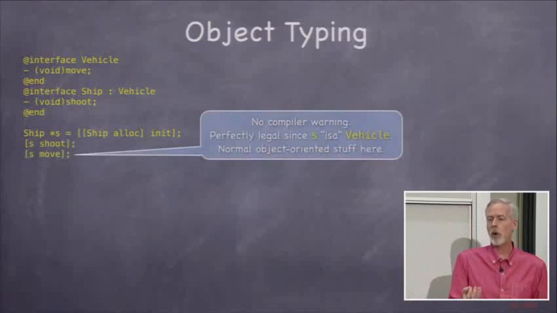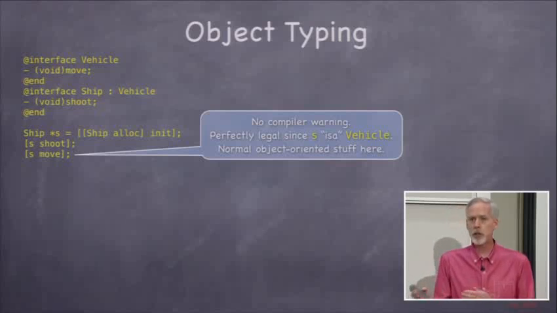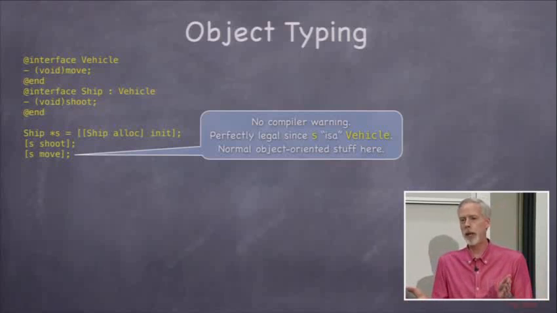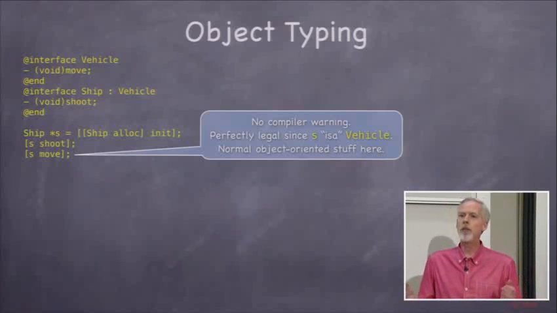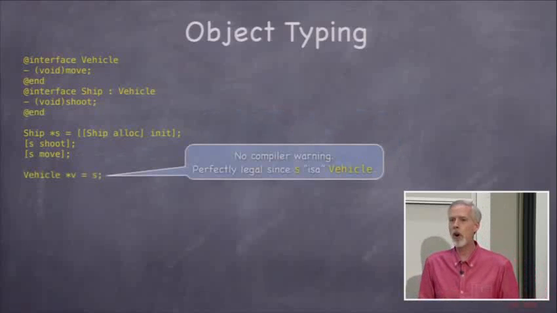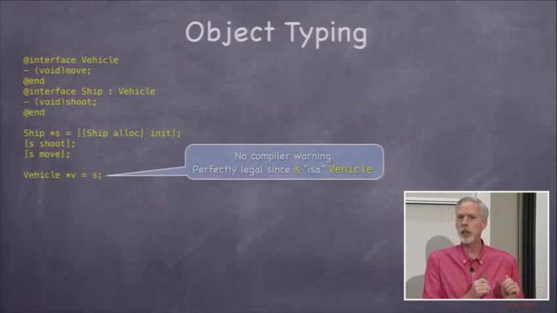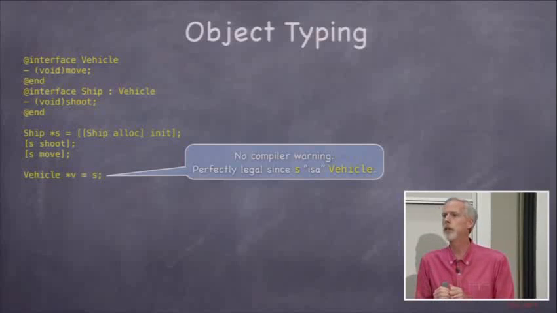So if I declare a local variable, Ship *s, and I alloc and init a ship, I can say [s shoot] or [s move], works fine, right? Because ships implement shoot and they inherit move, so everybody's totally happy here.